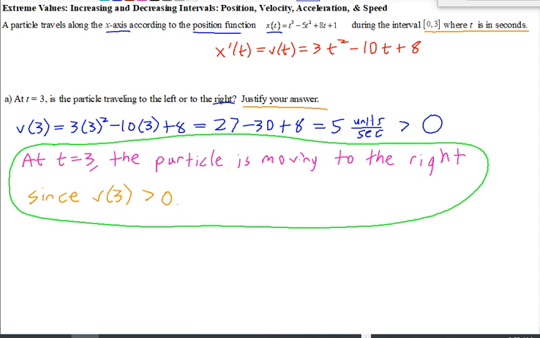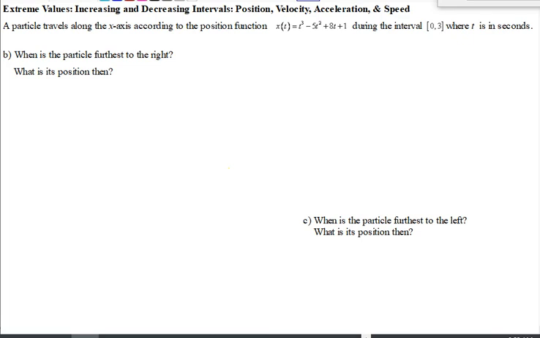All right, then the next one, the way it's worded might be a little bit tricky here. It says, when is the particle furthest to the right? So not moving right, but furthest to the right. Well, furthest to the right is always saying the maximum, and what's being maximized is its position.